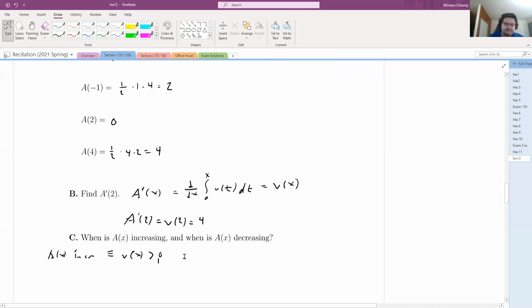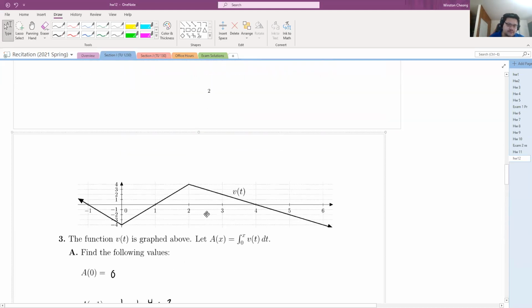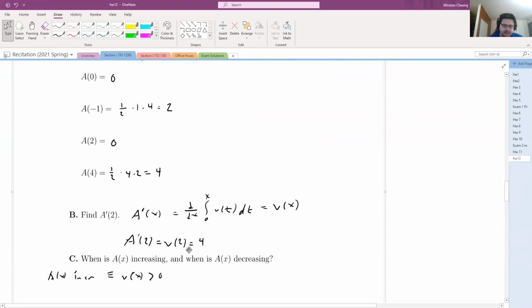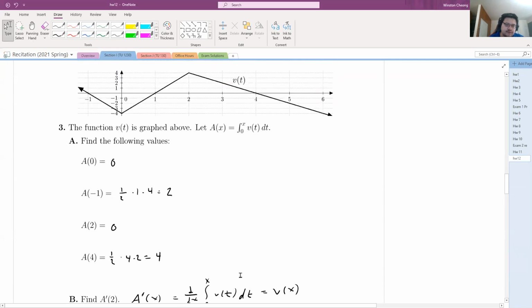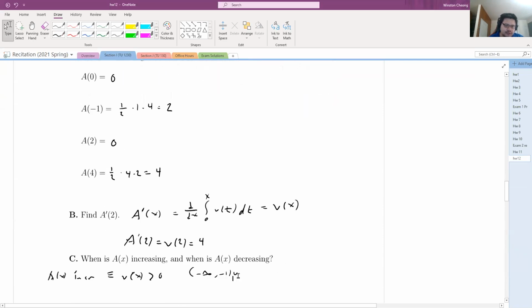Which is from minus infinity to minus 1, and from 1 to 4.